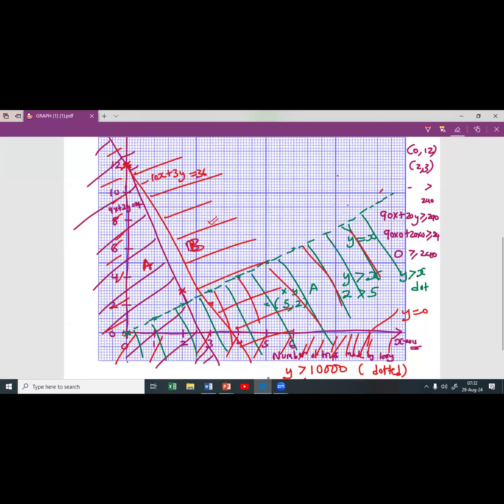At first, we used 5 and 2, and it gave us a false answer, and then we shaded this lower region because it was false. Then we used 5 and 8, and it gave us a right answer, and we still shaded the opposite side. So I was asking if that line y greater than x separates regions A and B.